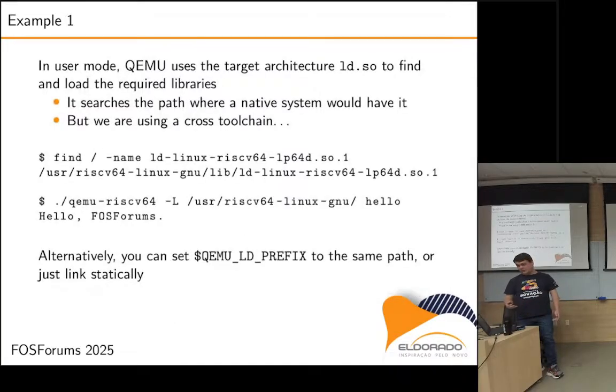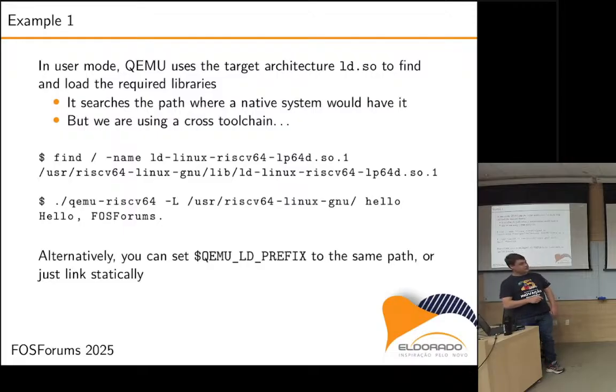But we are cross-compiling, so our dynamic linker for RISC-V is in a non-standard path. To resolve that, you can pass the -L, capital L option, and to find the dynamic linker, you can copy the name of the .so file and look starting from your root. And you should find the file.